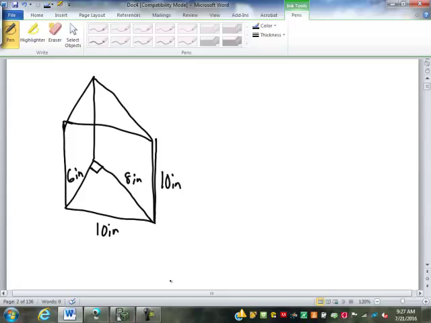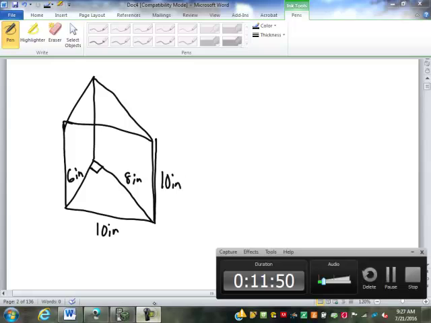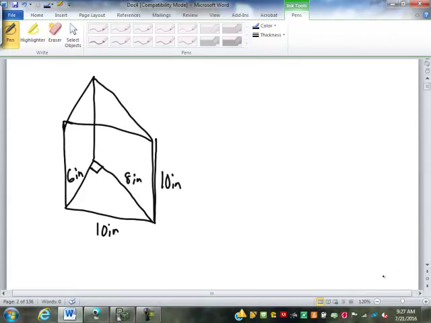Find the volume and surface area of that. Talk me through it. Not everybody at once.